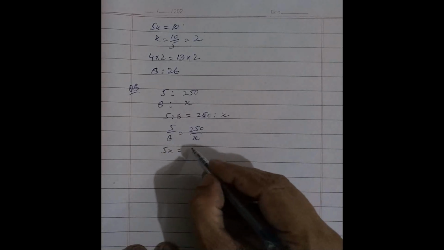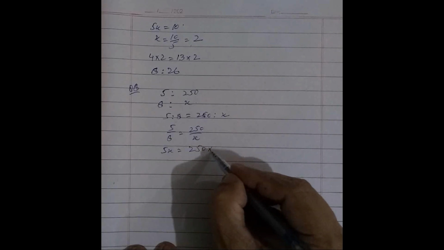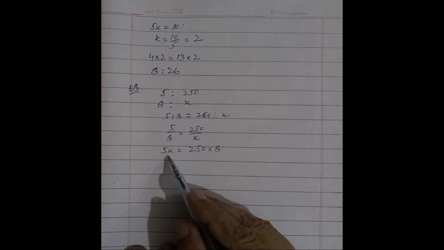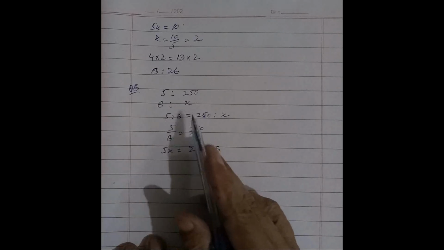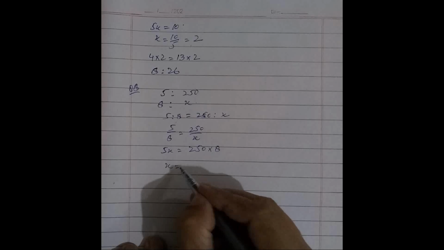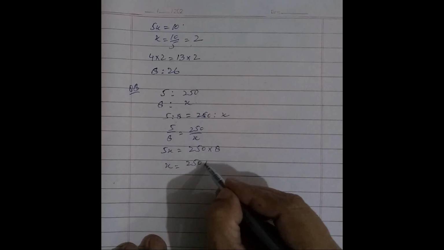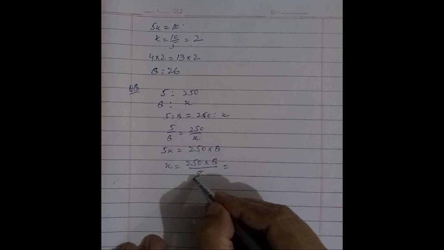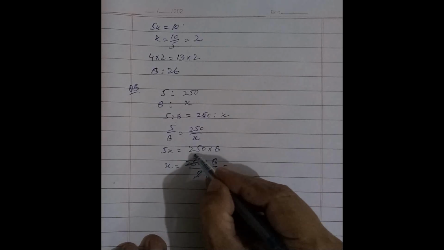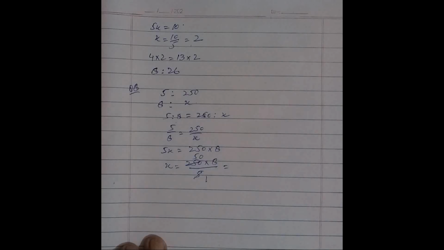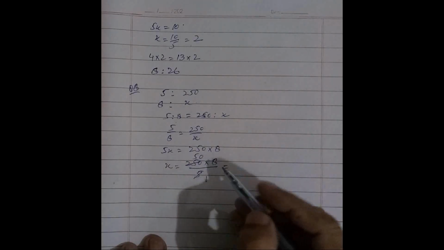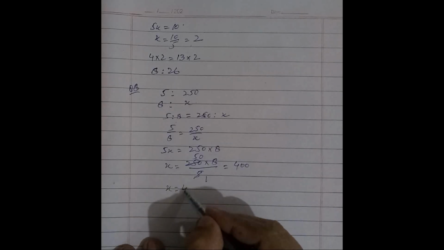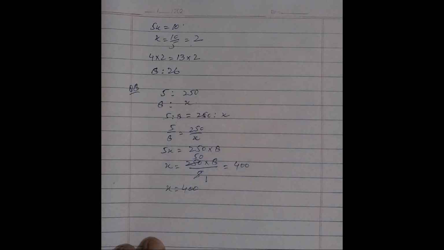We get 5x is equal to 250 multiplied by 8, and x is the price of mango of 8 kg. We find x is equal to 250 multiplied by 8 over 5. 5 ones are 5, 5 fives are 25 and 0. And we multiply 50 with 8, we get 400. And x is equal to 400.